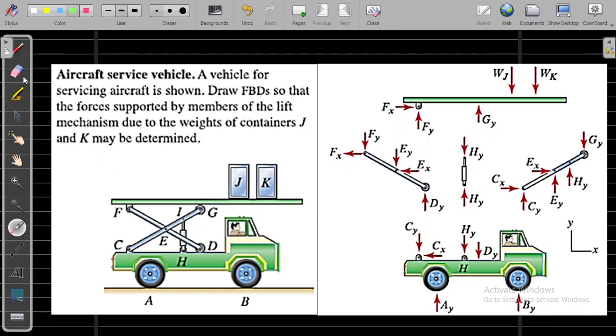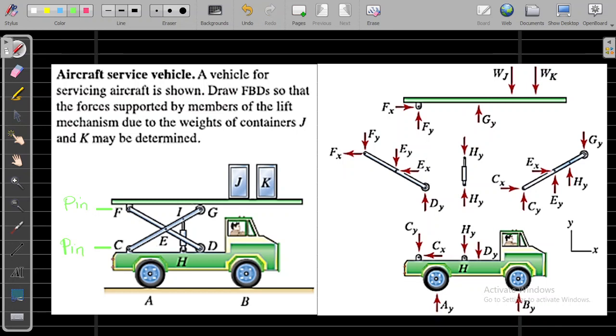Okay, and just to make it clearer, this is your pin. This is your pin. This is also your pin. This is also your pin.